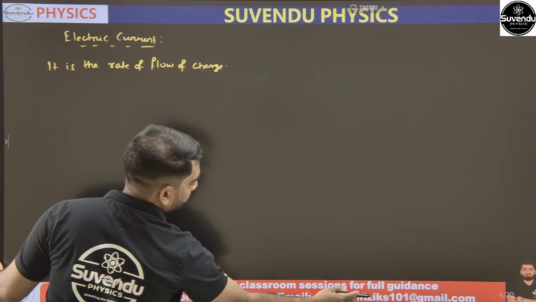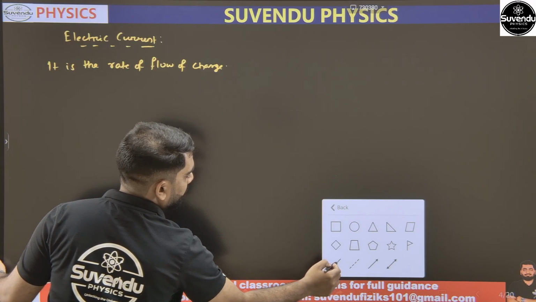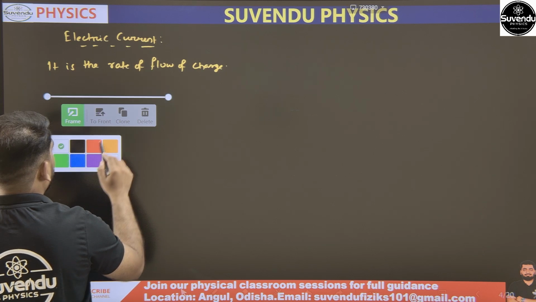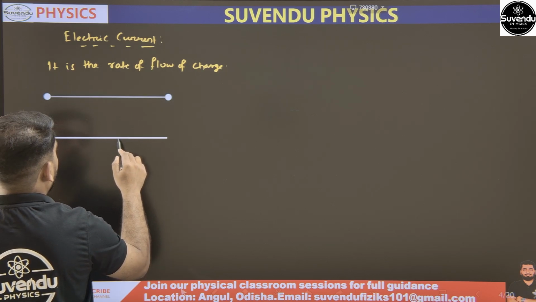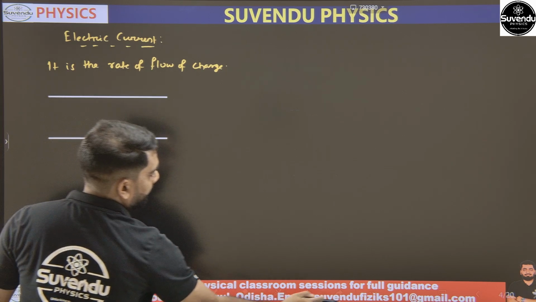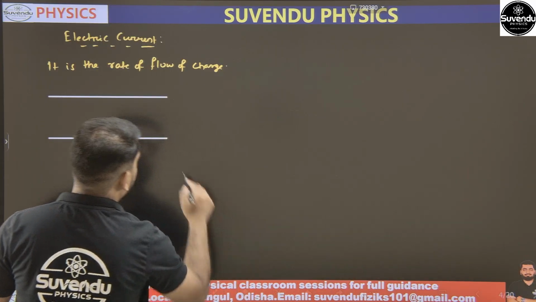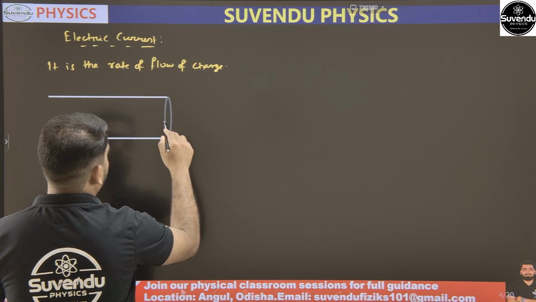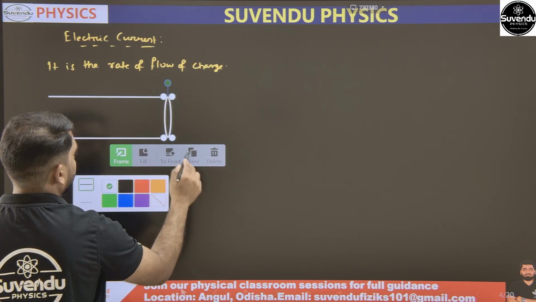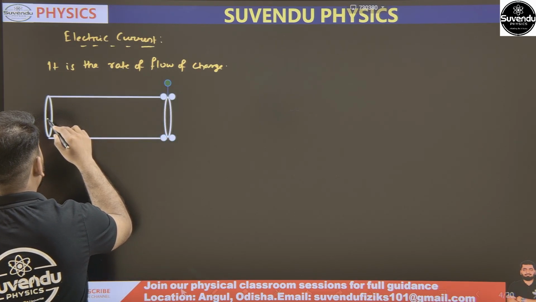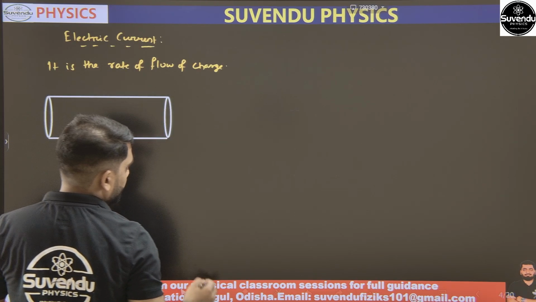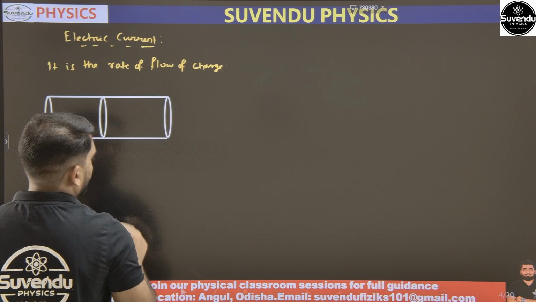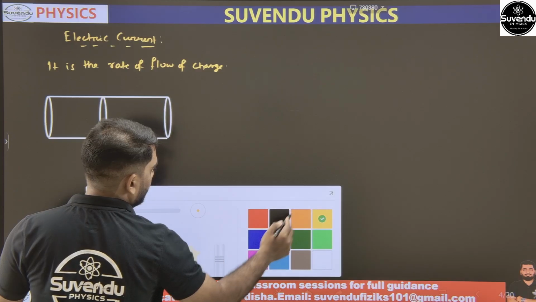Consider one thing. Let us think this is your conductor, and suppose this is any cross section of the conductor. Let us consider any cross section of the conductor.